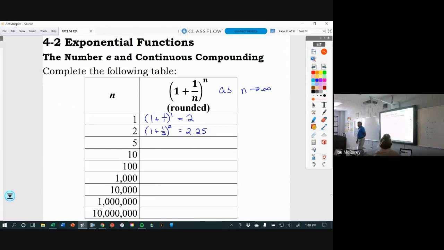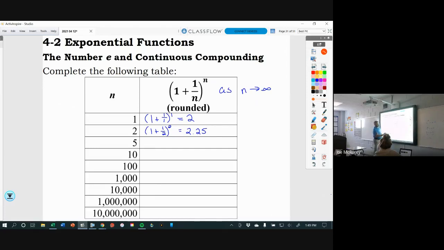Does it make sense that it got bigger? I'm taking something and raising it to a bigger power. But what I'm adding to the 1 is getting smaller: 1 plus 1, now 1 plus a half. I'm adding a smaller number, but the power is higher, so the number got bigger.